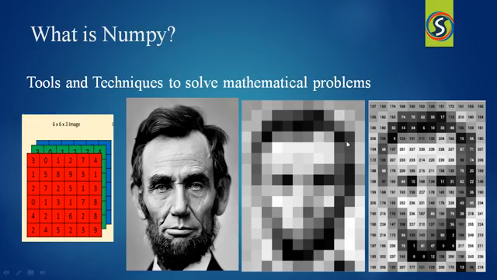Suppose consider whenever ladies don't have the colors they need to do the rangoli, then they mix the colors they have. Suppose here the red filter, green filter, and blue filter are there. When I mix the red color with the green color, I will get a different color. When I mix the green color with the blue color, I will get a different color.